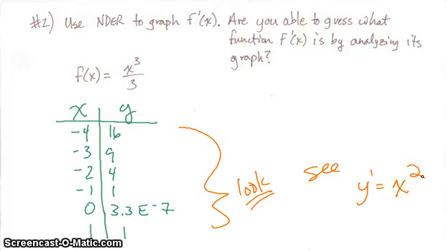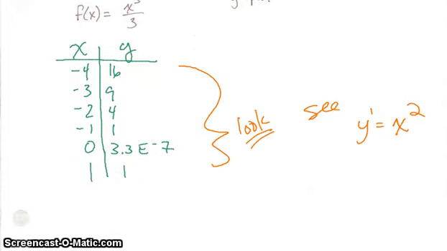Okay, the only one that's slightly off is when we look at 0, but the pattern remains as we look through it. If we kept looking at our table, we'd still see 4, 9, etc. Don't forget about the numerical derivative.